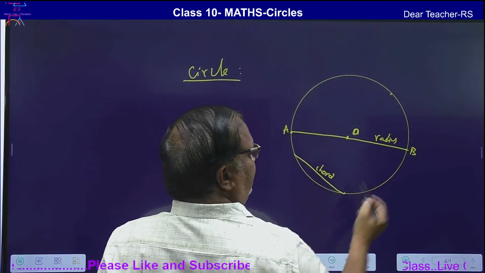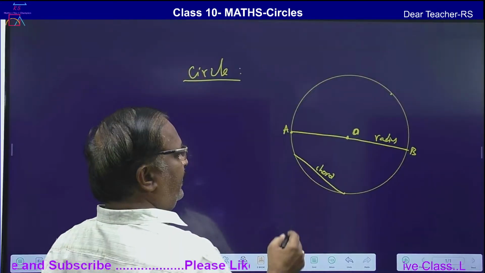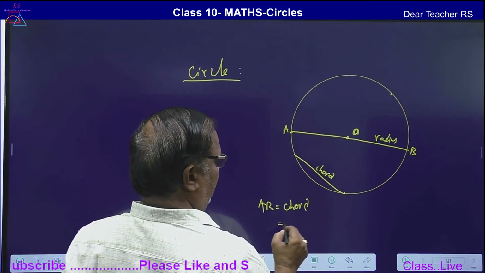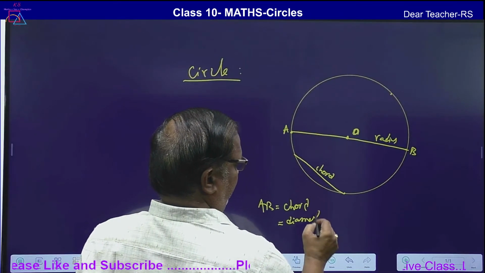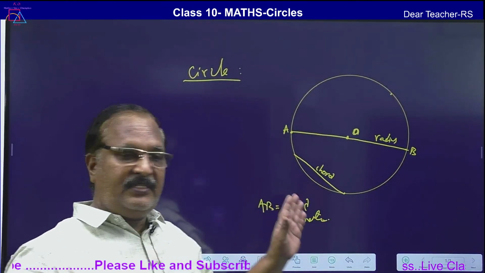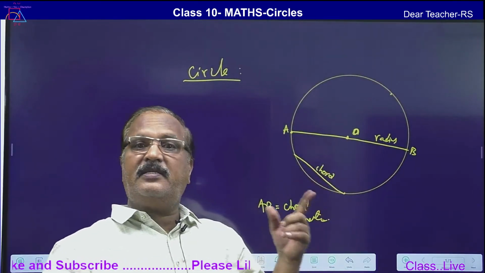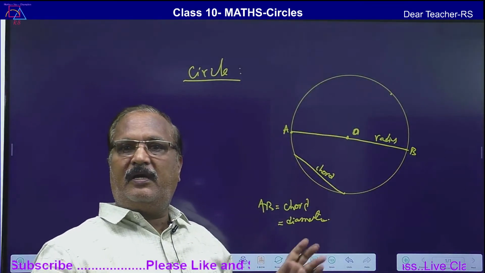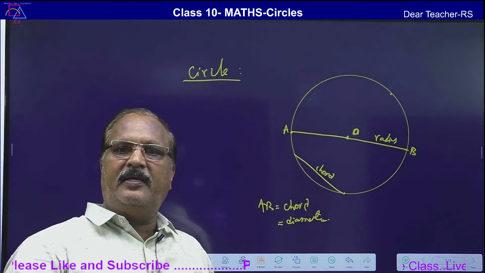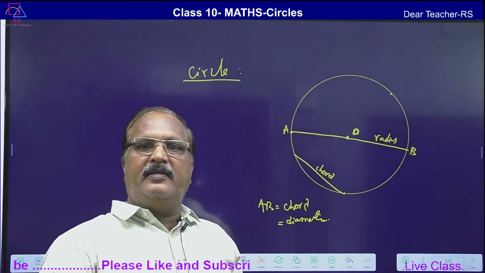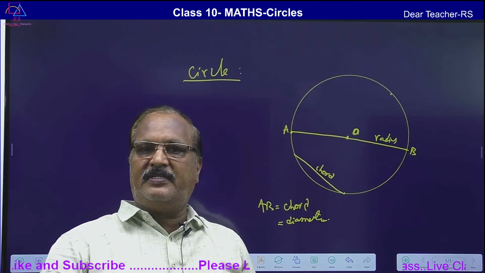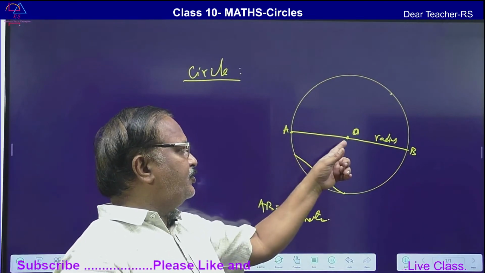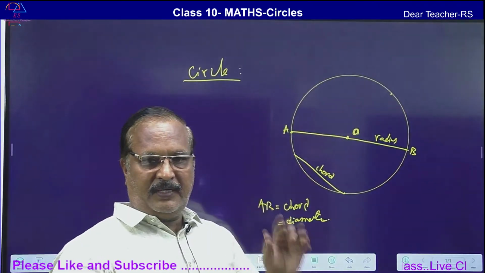If AOB is a line, then AB is a chord and also a diameter. The chord which goes through the center is known as a diameter. So the diameter is the longest chord of the circle. In MCQ questions you may get: the longest chord of the circle is nothing but the diameter, and the diameter passes through the center.